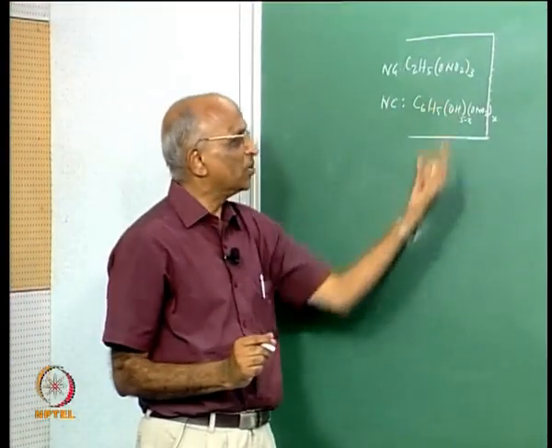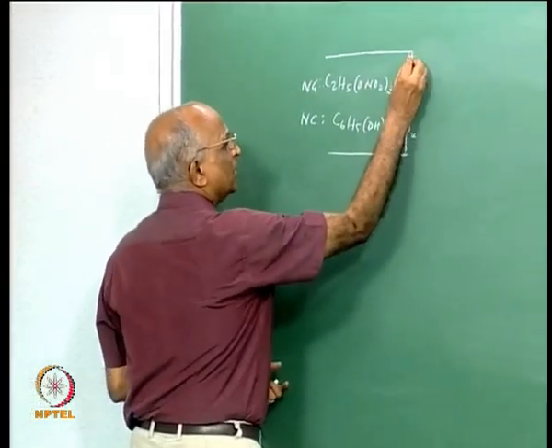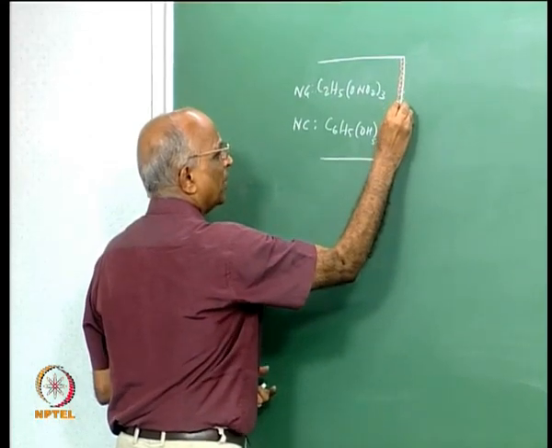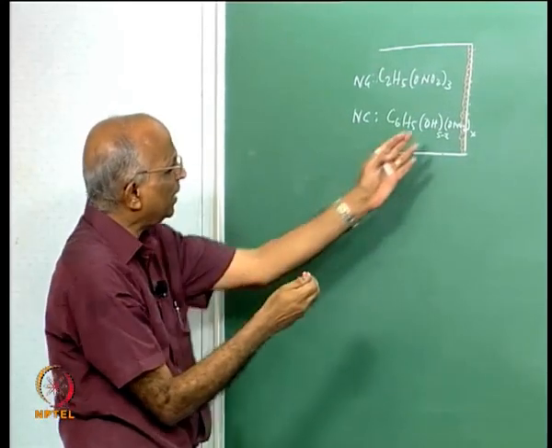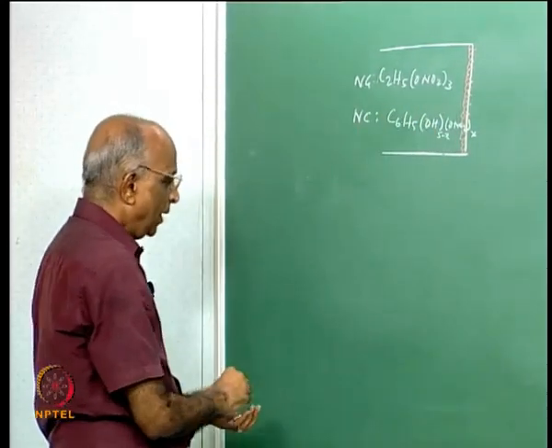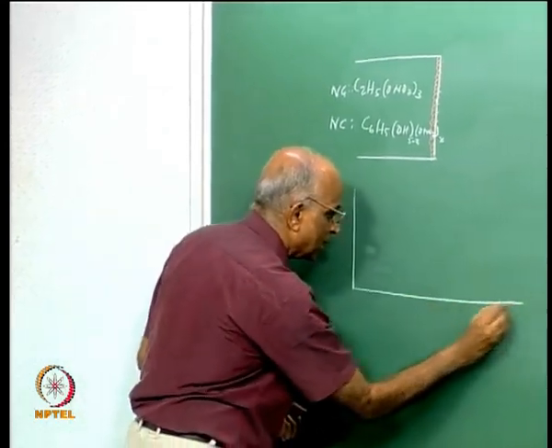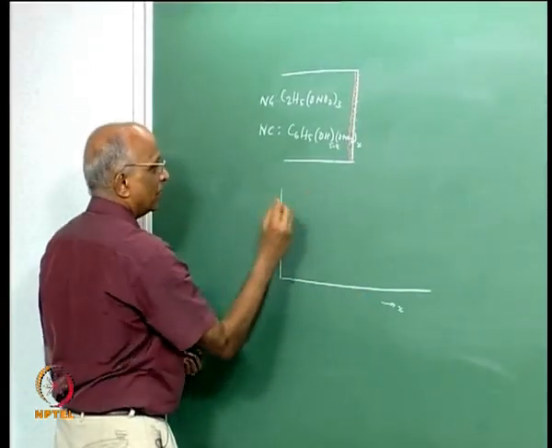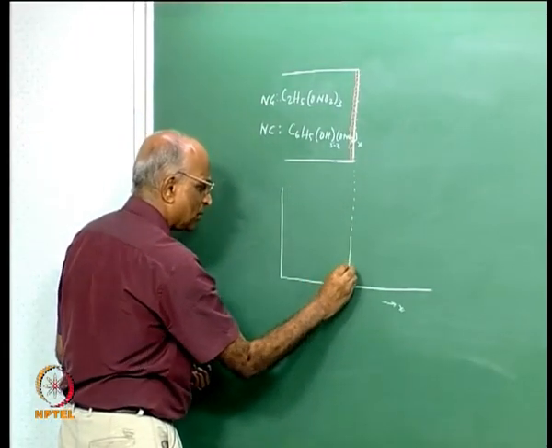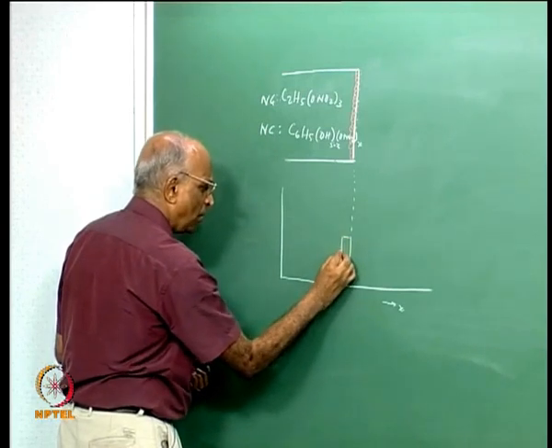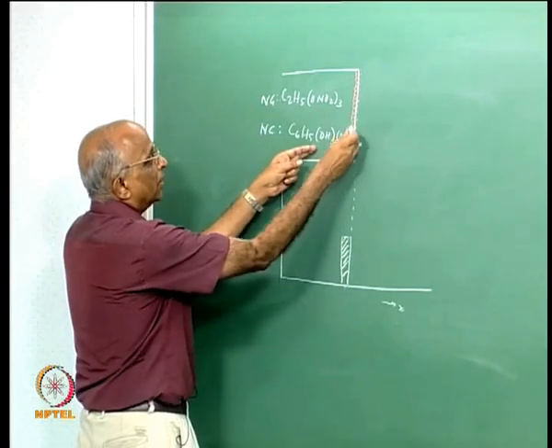Now I ignite the double base propellant, and what happens? A region very near the surface gets overheated, because all these propellants are insulators. Heat does not conduct deeply into it. If I consider this as the scale x along the distance, and this is my surface over here, a small thickness of the propellant gets heated when I heat the surface.